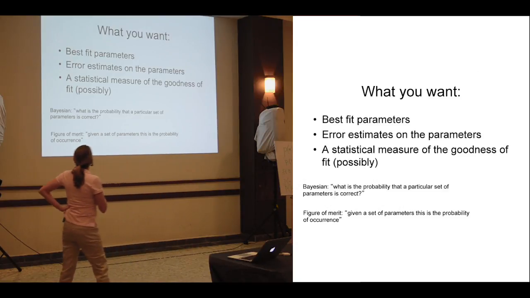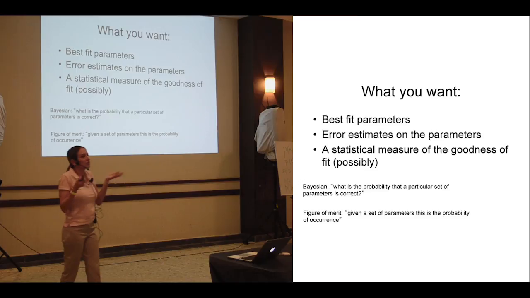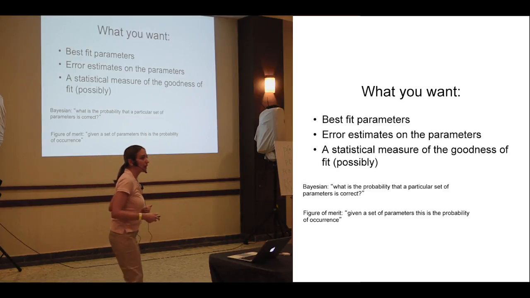So what you want are some basic parameters, some error estimates on the parameter, and hopefully, if possible, some sort of statistical measure that tells you, are those really following a line, or maybe it was a cosine and I'm trying to fit that with a line.